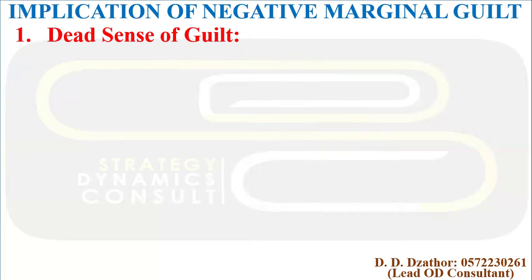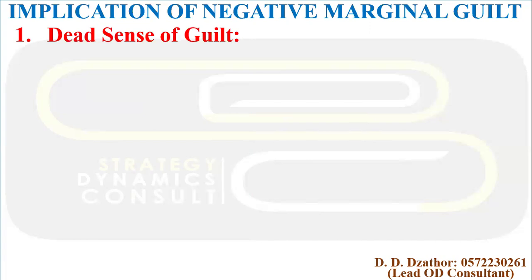Now, dead sense of guilt simply has to do with a situation where the person does not feel shame. So the person becomes shameless, remorseless, no sorrow experience. The person's psyche or psychological makeup does not make the person experience any sense of distress or regret for committing that particular sin or crime.